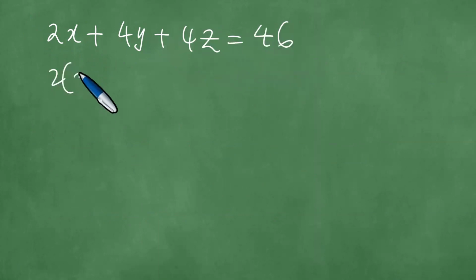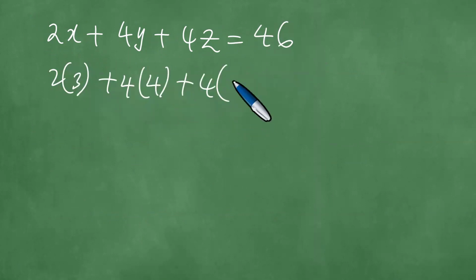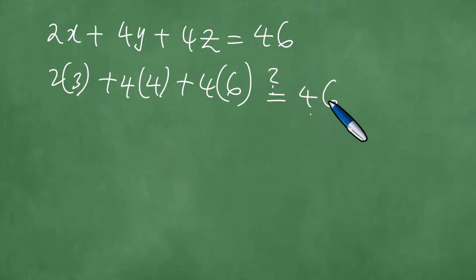What is our x? We got x to be 3. Our y became 4. Our z was obtained as 6. Let us check. Is this actually equal to 46? We multiply 2 by 3, we get 6.